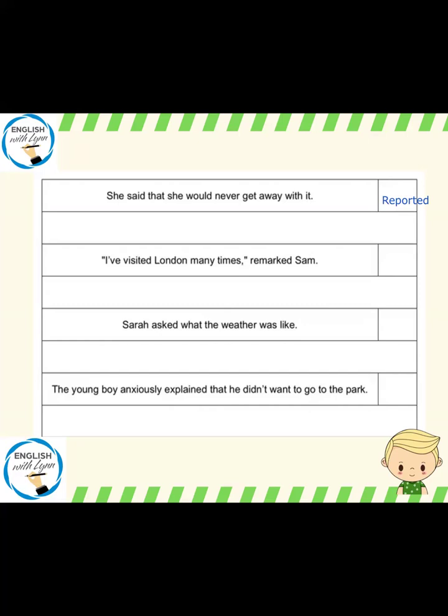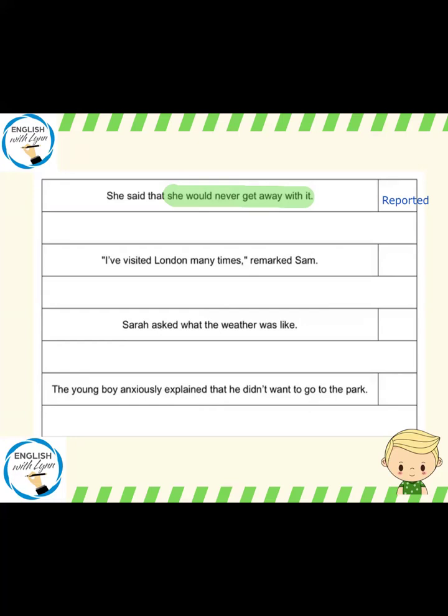So what she is actually saying is this part here. But she wouldn't say she would never get away with it because she's speaking about herself. So what we would need to do is, she said, and then I need a comma because I'm introducing what she is saying. She said, I will never get away with it.